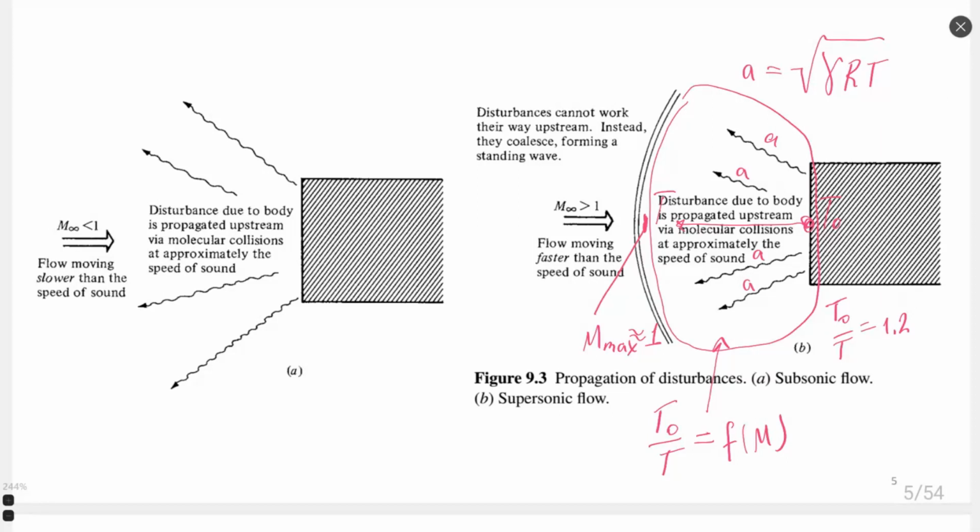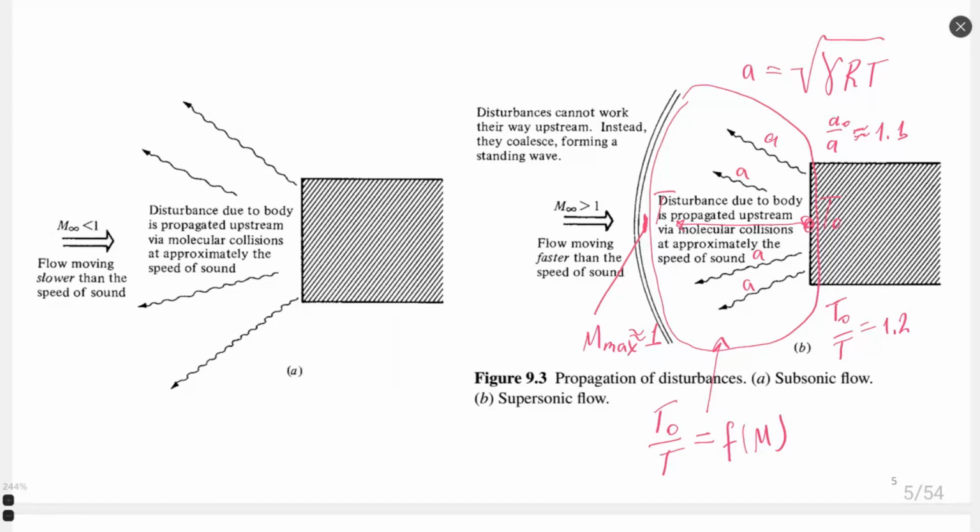And if I take the square root of this value, I can see how much the speed of sound differs. So I take the square root of 1.2 and see it's approximately 1.1. So A0 divided by A is approximately 1.1. It's a bit smaller than 1.1, but I can do such rounding.